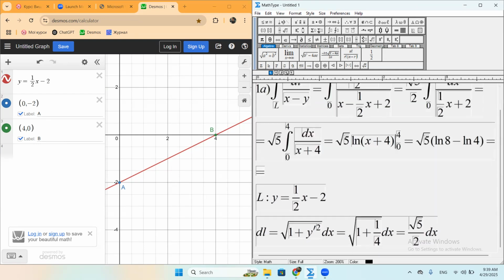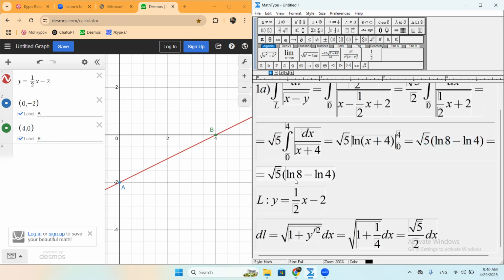If I simplify it more, 3 logarithms of 2 minus 2 logarithms of 2. So the final answer is square root of 5 multiplied by the logarithm of 2. Any questions about this exercise?